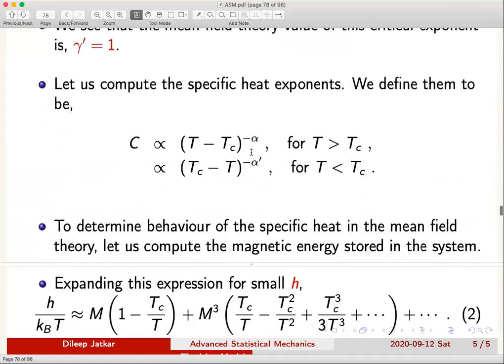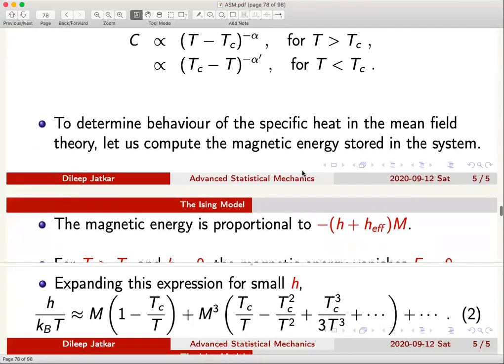Then we also computed specific heat exponents, and the specific heat had the following behavior in the neighborhood of T equals Tc. It goes as T minus Tc to the minus alpha, or Tc minus T to the minus alpha prime, whether you approach Tc from above or from below.